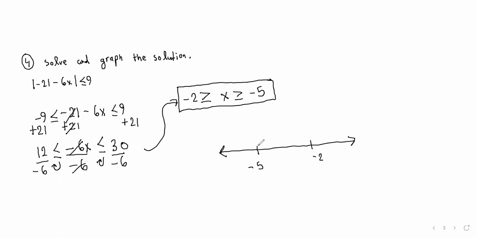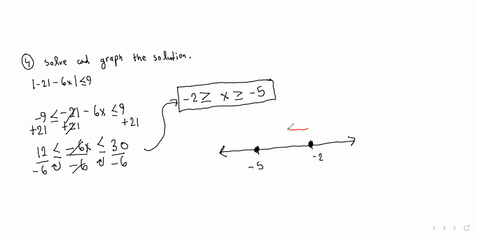Now, do we put a circle or a dot at minus 2 and minus 5? So notice here the inequalities have an equal sign with them, which means we must place a dot at minus 5 and at minus 2. Now, what we want is everything less than minus 2. So above this, I'm going to mark off what is less than minus 2.